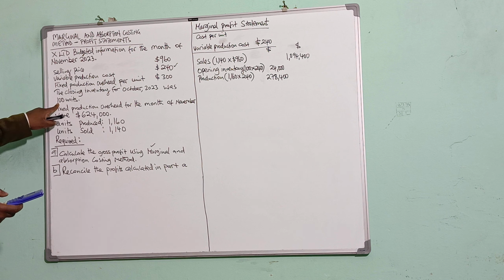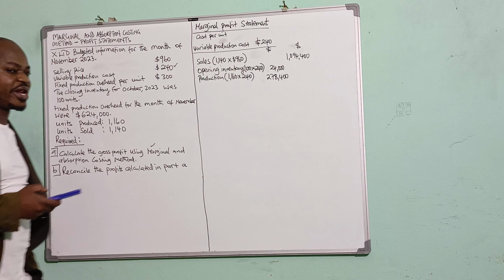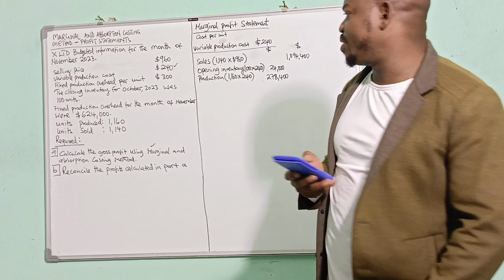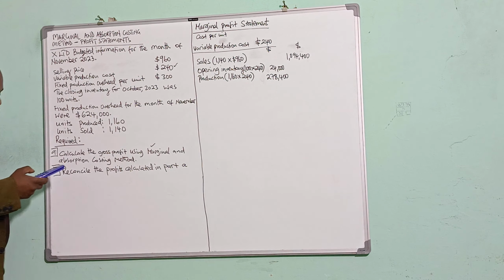So 100 plus 1,160 is 1,260 units. And if that's what I had in November, I need to deduct what we sold.